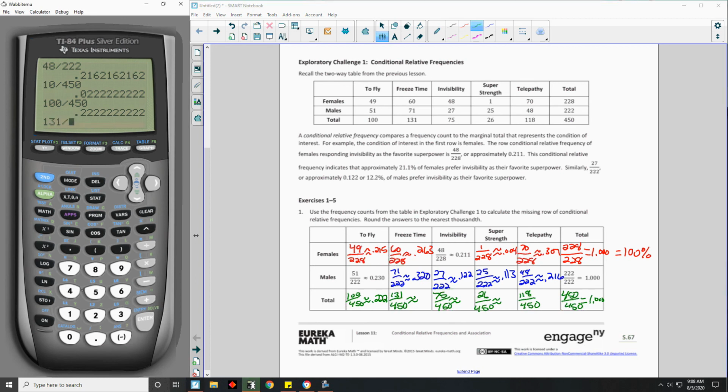131 divided by 450 is 0.291. 75 divided by 450. This is tedious, but we need to do it. 0.167.